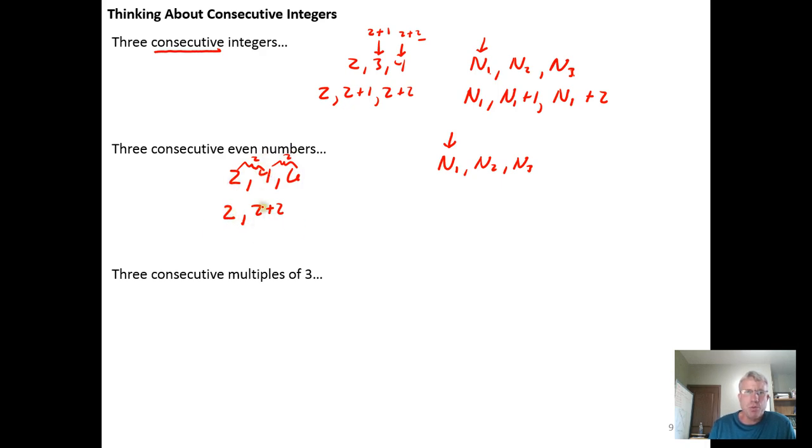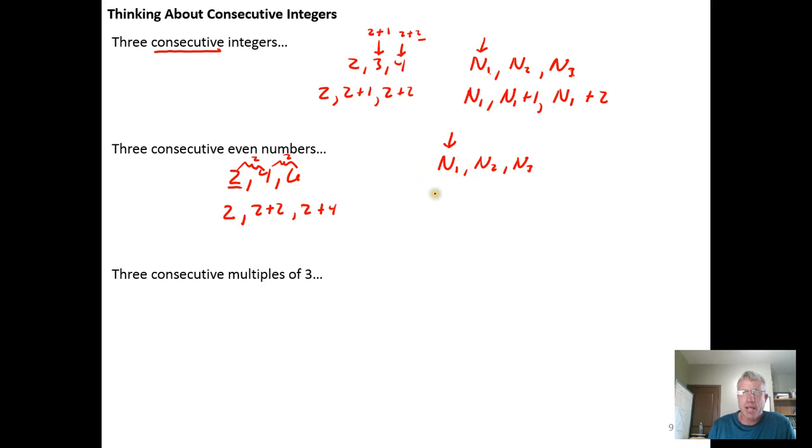So if I have 2, I can get the 4 by taking the 2 I started with and adding 2, and I can get the 6 by taking the 2 that I started with and adding 4 to it. So 2, 4, and 6 can be represented as 2, 2 plus 2, 2 plus 4.